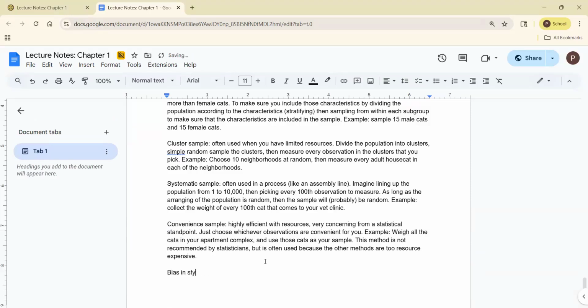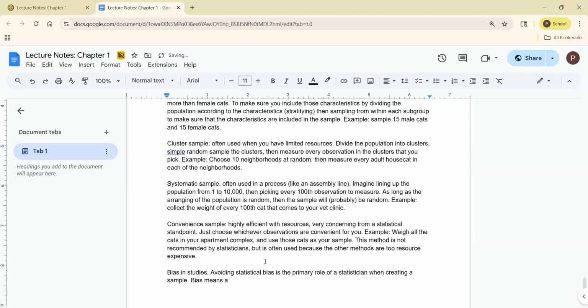Bias and studies. Statistical bias is, let me say it this way, avoiding statistical bias is the primary role of a statistician when creating a sample.